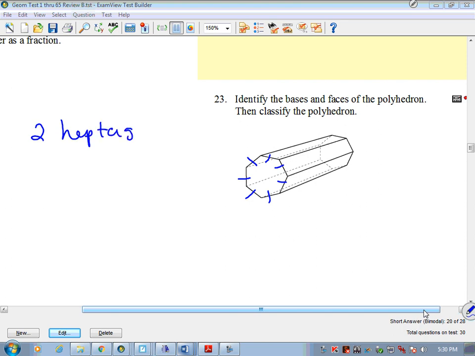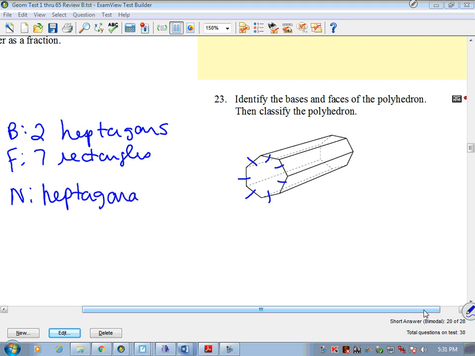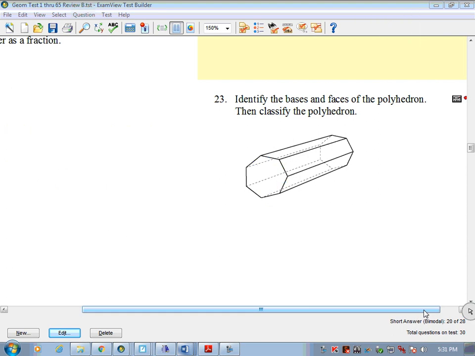The faces are 7 rectangles. Classify the polyhedron, which is my name. We would say that this is a heptagonal prism. It's different than the pyramid we looked at because it has 2 parallel bases. Heptagonal prism. Okay, so usually on those, your answer is your answer.